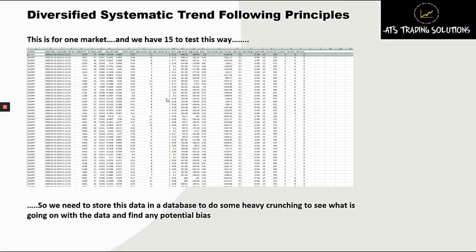So while we are here, let's have a closer look at this CSV file. In column A, we have the symbol. For this test, we're testing AUD JPY. Then we have the open date and the close date of the testing period.